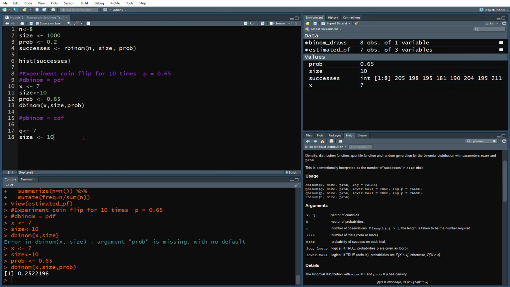The only thing that changes is the q, and everything else remains the same here.